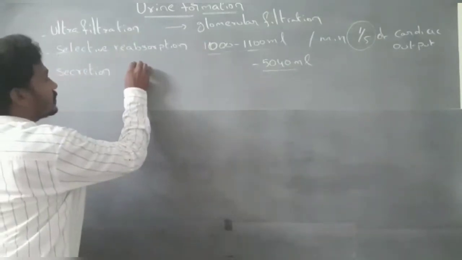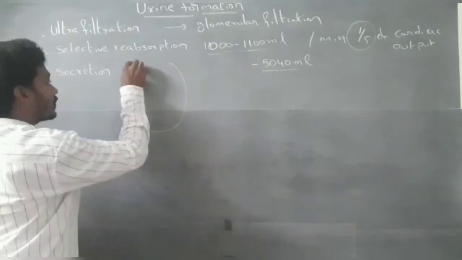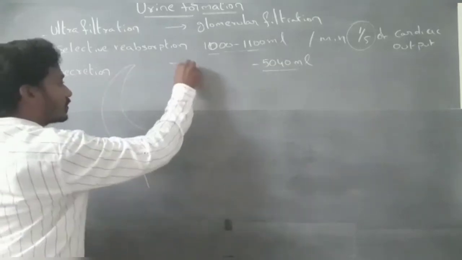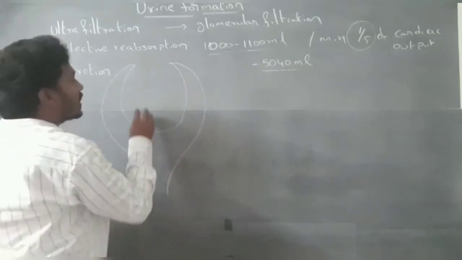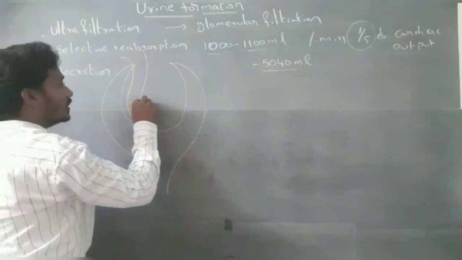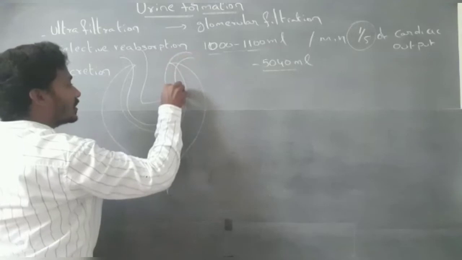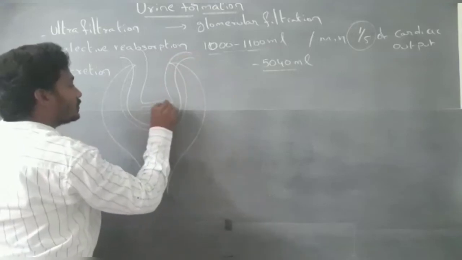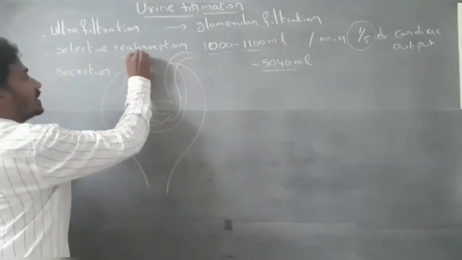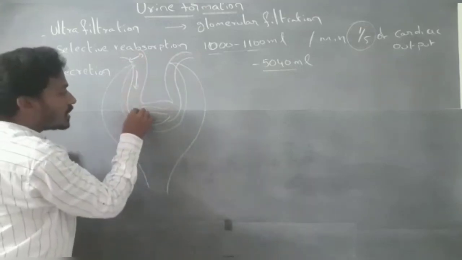In this filtration, this is the afferent arteriole, this is the glomerulus, this is the efferent arteriole. Blood enters into the glomerulus through the afferent arteriole.